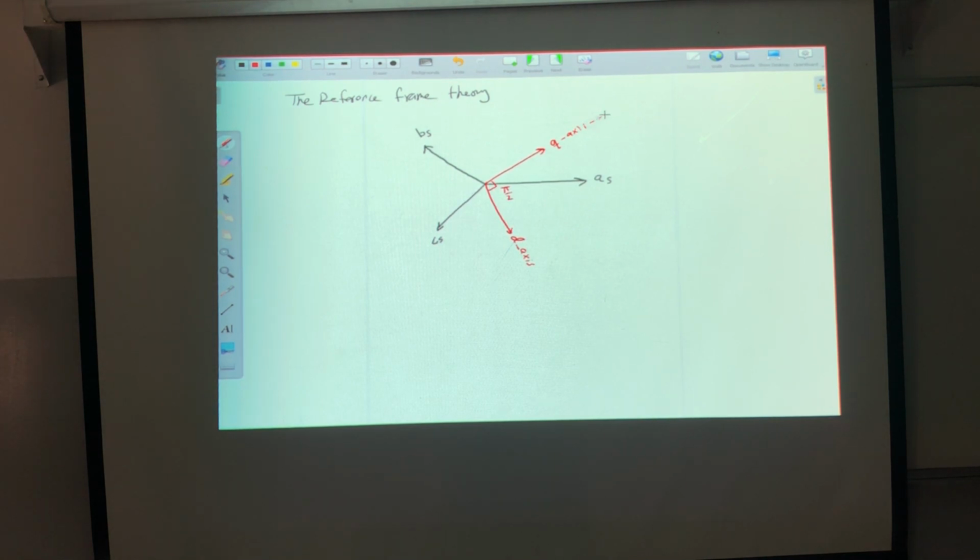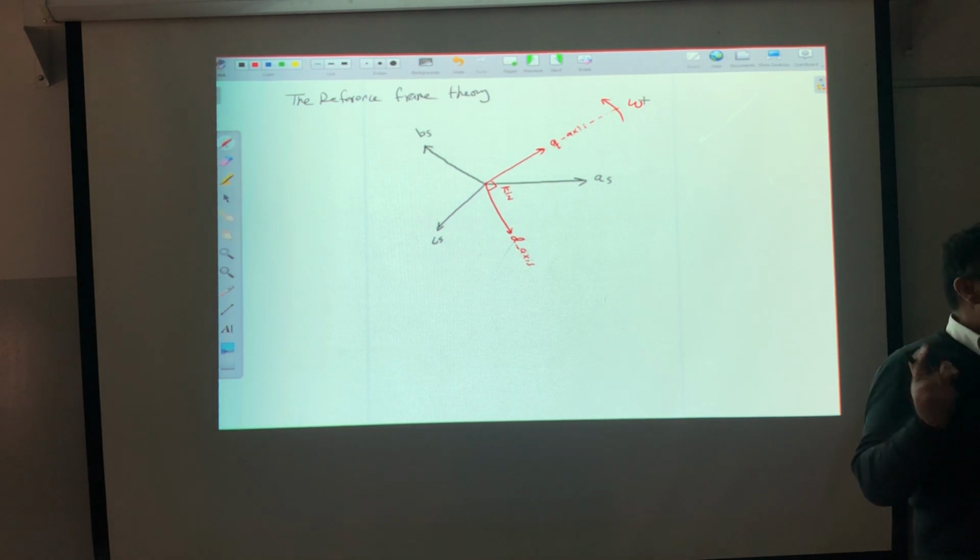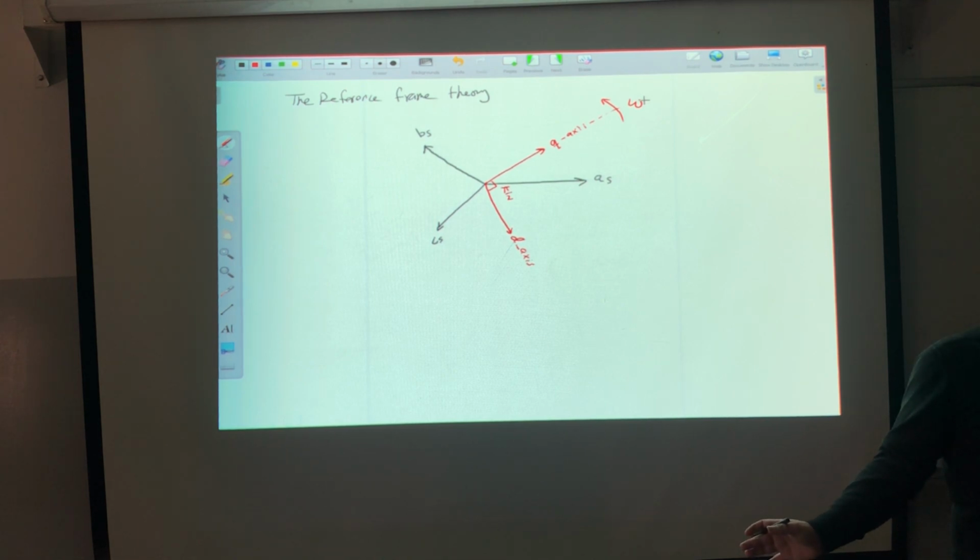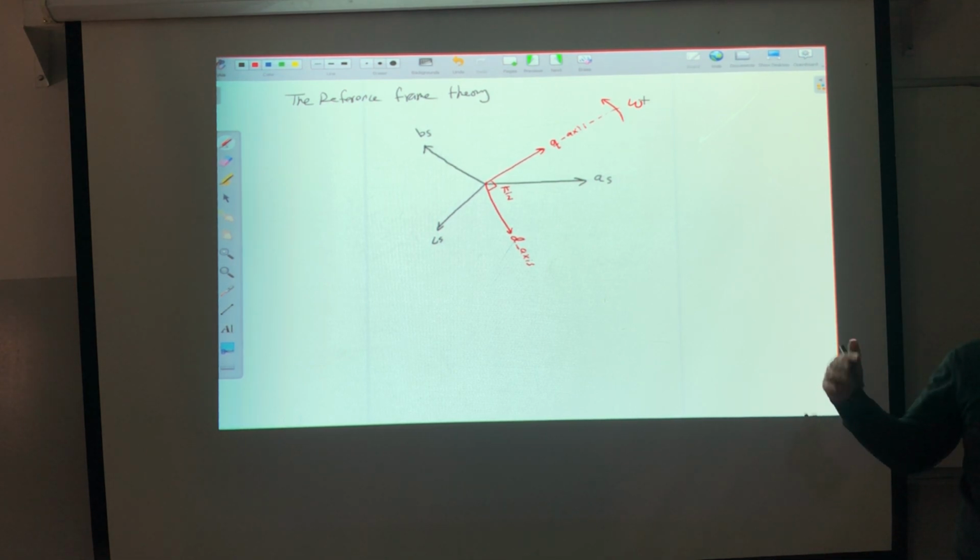And I will assume that this frame is rotating at which speed? Omega. So this omega is what? No, not omega r. It is unspecified, with no suffix. So this is the arbitrary reference frame, rotating at an arbitrary speed. If omega equals 0, it will be the stationary reference frame.